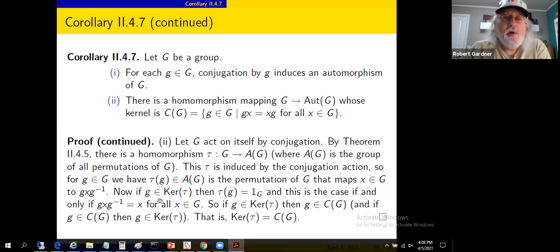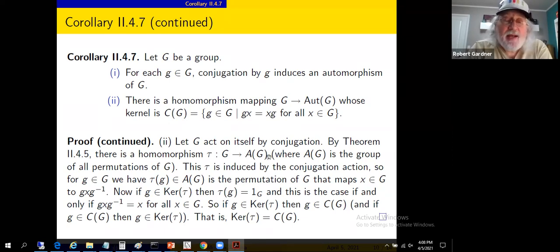We want to show the kernel is the center of that group. So take something in the kernel of tau. All right, here's what that means. Tau maps elements of the group to permutations of the group. So the kernel is the stuff mapped to the identity. We need the identity in this group of permutations.